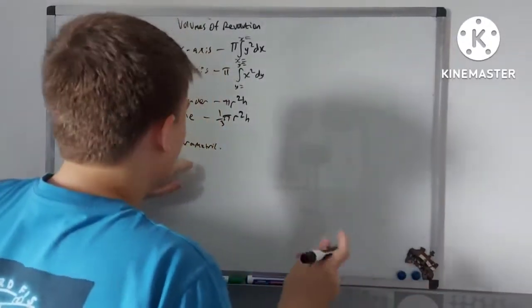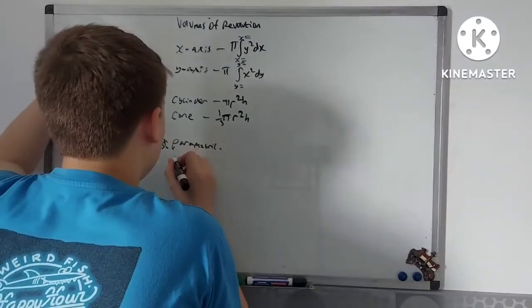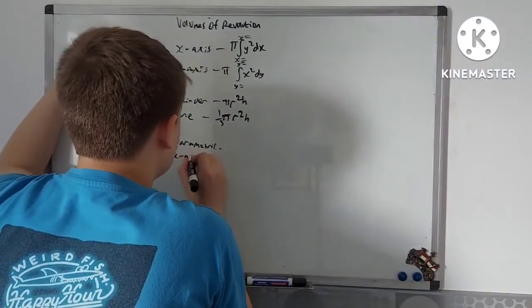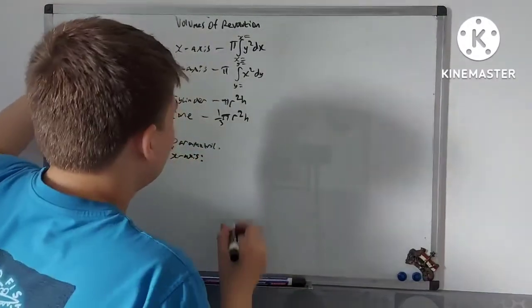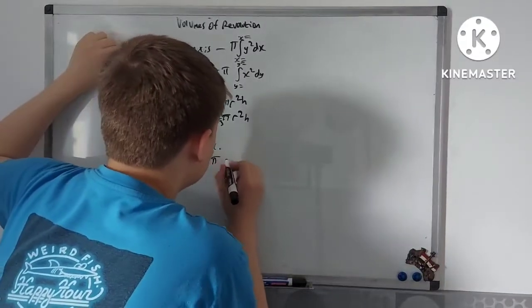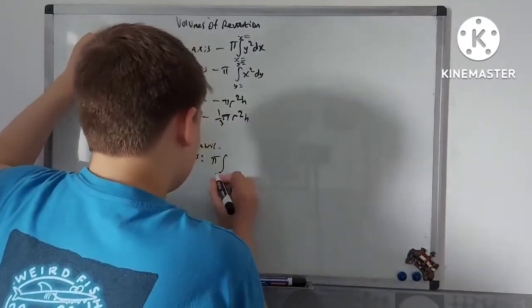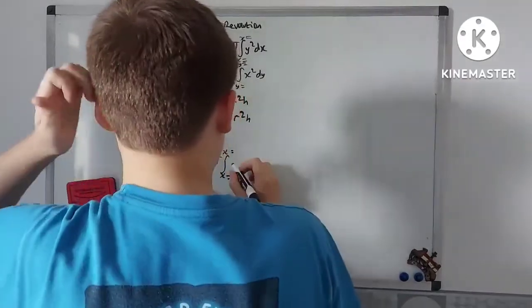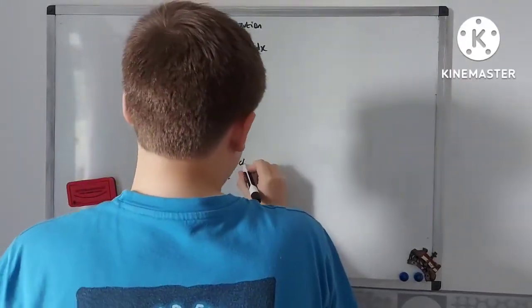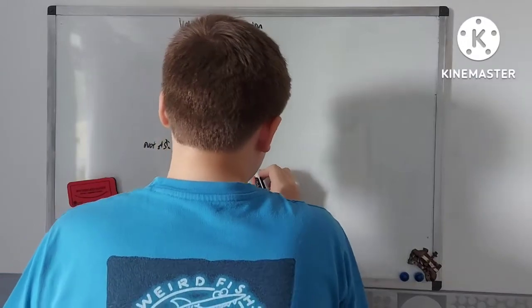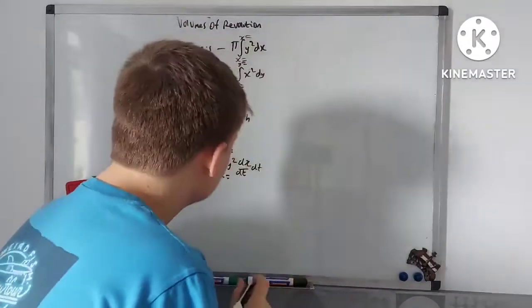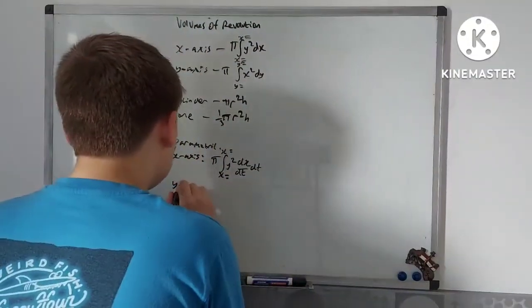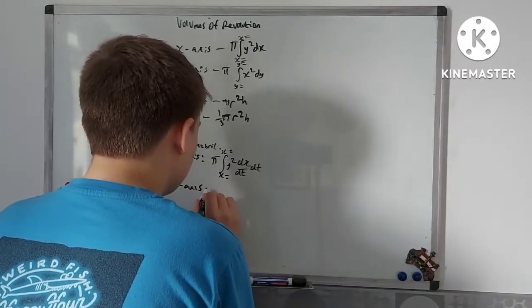The parametric forms, so for around the x-axis, it will be pi times the integral between those 2 x values of y squared dx by dt. For the y-axis, you could probably guess what the other ones will be.